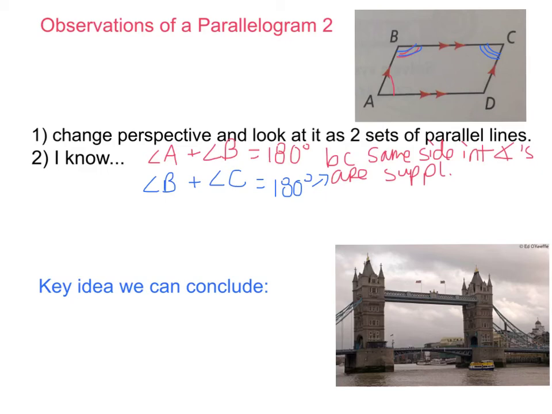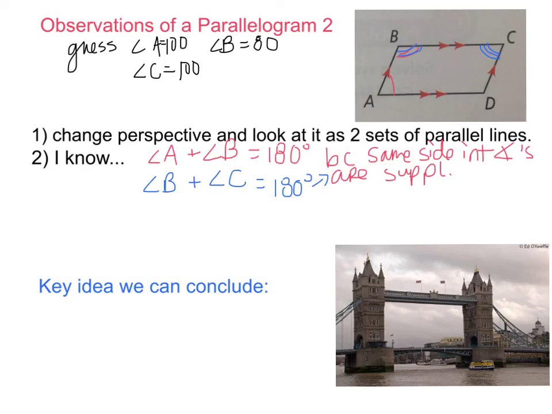So I want you to put a little example kind of up here. Let's guess, okay, we're just going to make a quick guess. If angle A is 100 degrees, okay, then angle B must be how much? Yeah, 80 degrees, right? Okay, well then that would mean angle C would be how much? Keeping this in mind, you know that B plus C also equals 180. Angle C would have to be 100, right?